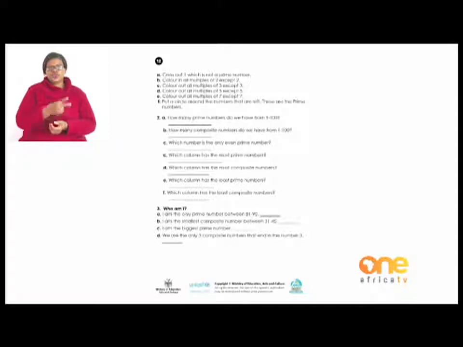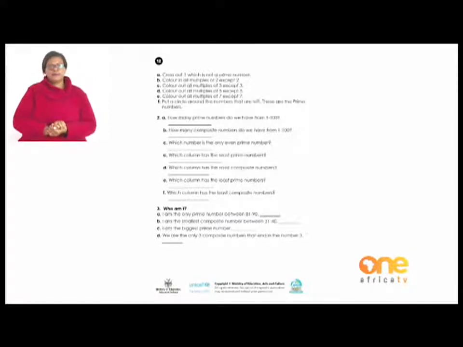2A. Once you are done coloring your activity and circling, now we do question 2. It starts by asking, how many prime numbers do we have from 1 to 100? Okay?